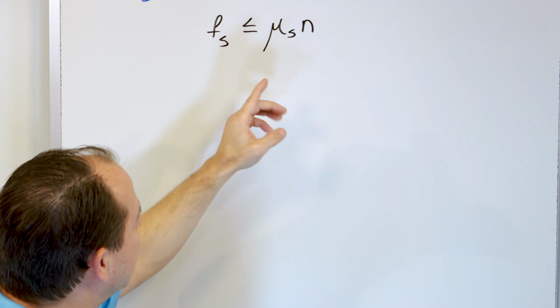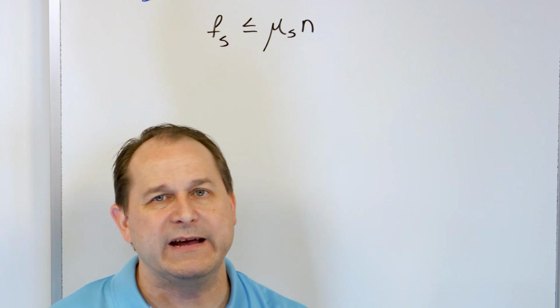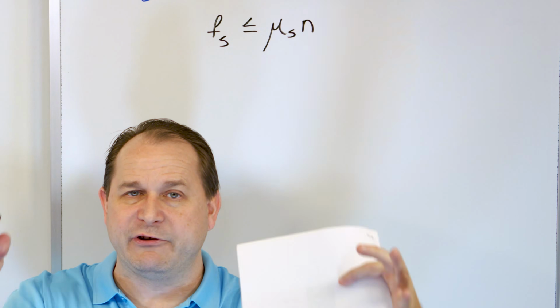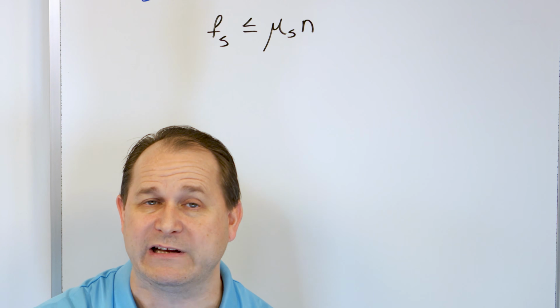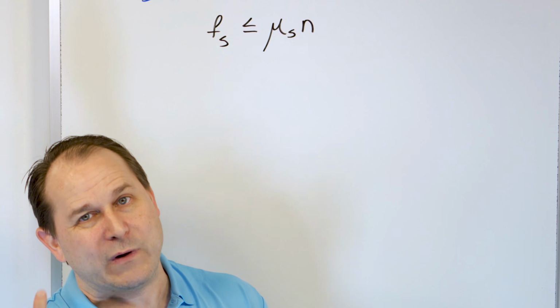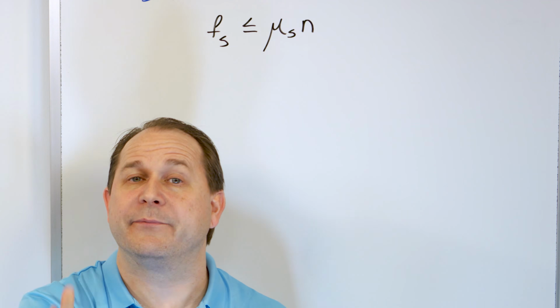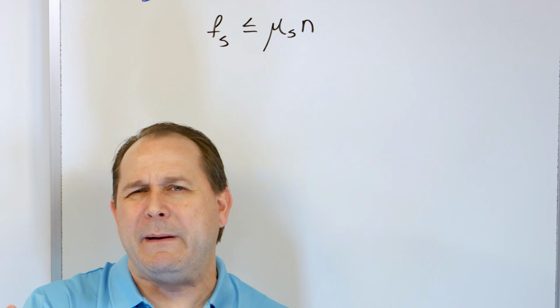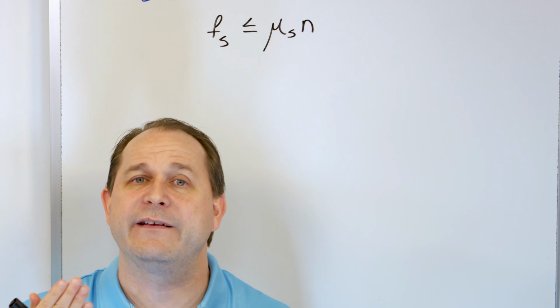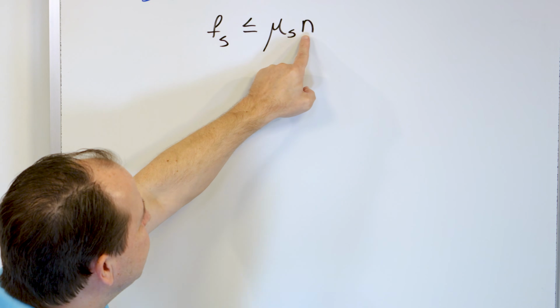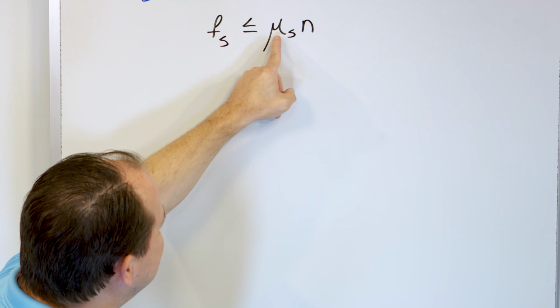Now, what's this maximum number? Well, the normal force is, remember, when you have an object sitting on the ground, you have the weight of the object acting down, and the reaction force is the ground pushing up. So that's the normal force. So it's basically the same value, but in the other direction, as the weight of the object. So this is almost like the weight of the object times this, right?